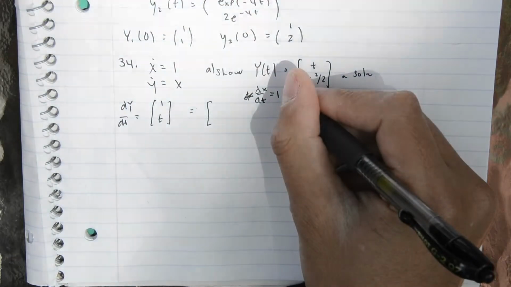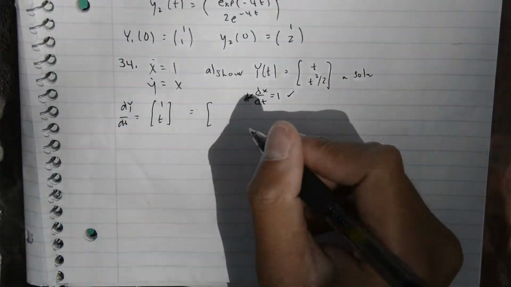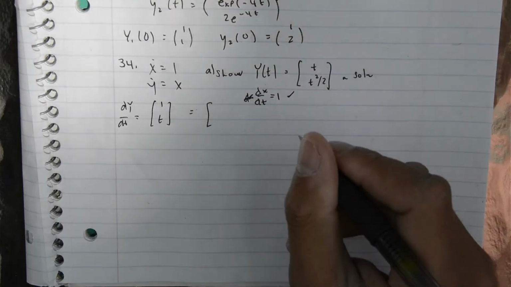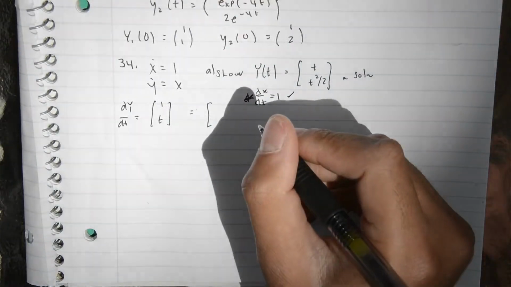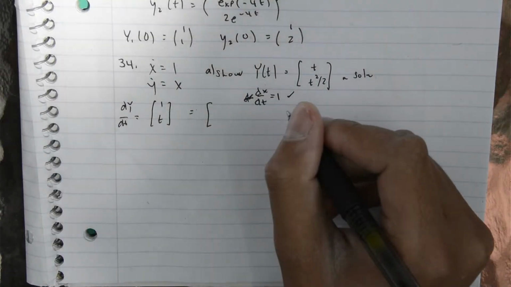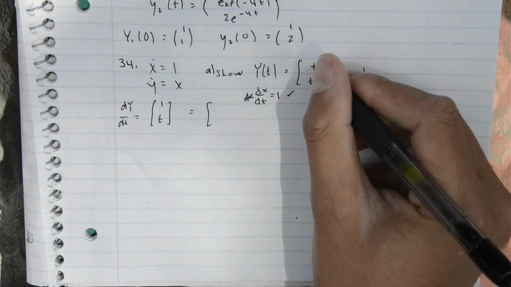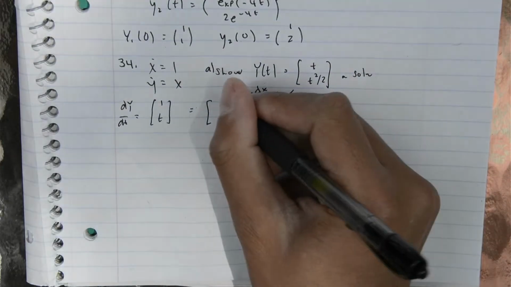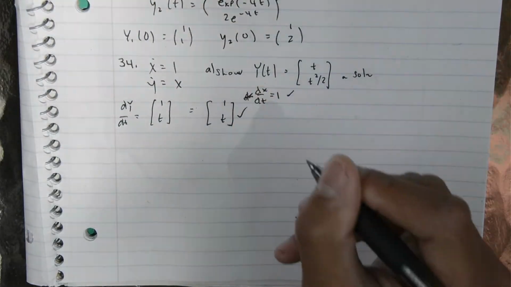That's fine. Then x is t, right? So x of t equals t. So then this is going to be 1, t. So we verified it. That's good.